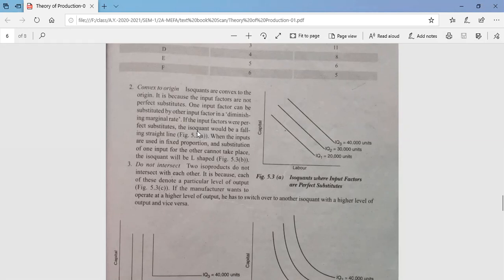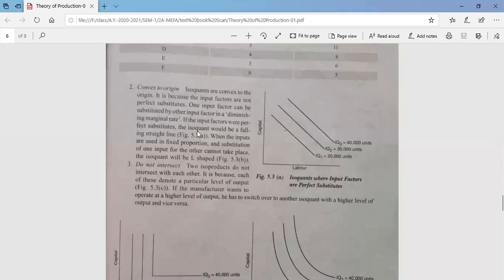Do you get it now? When I increase my input by 1 unit of labor, output increases by 100 units. After one stage, if I remove one unit of labor, the decrease in output should also be 100 units. That is called perfect substitutes.